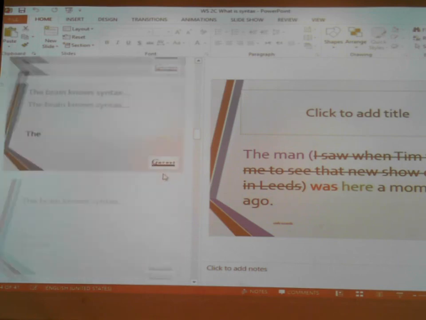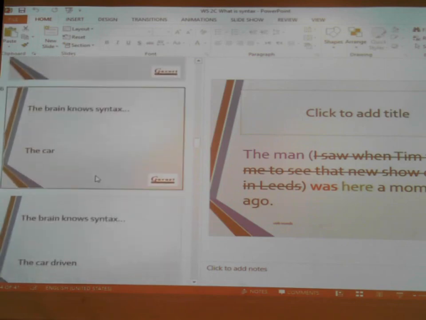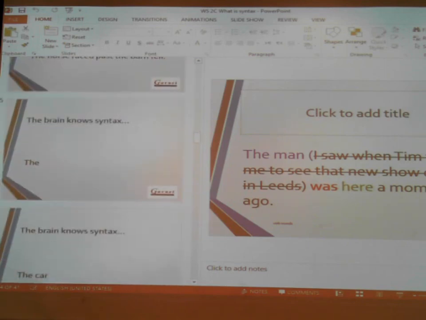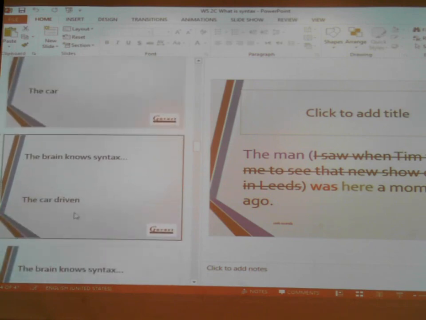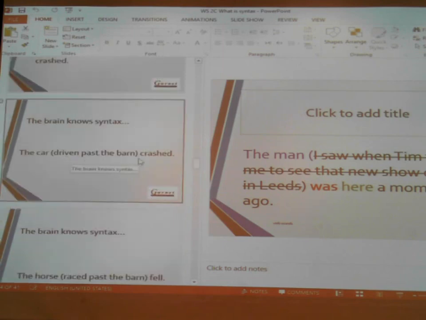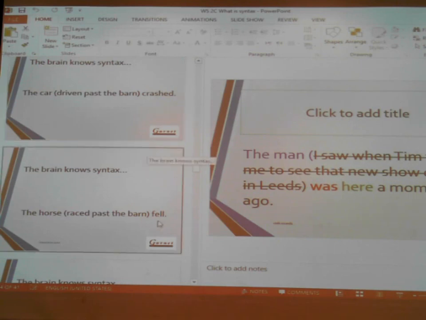That's the predicate of the sentence. So actually I don't need all of that. I need the horse fell and that's it. The same applies to the car driven past the barn crashed. Driven past the barn, I don't need it. I need the main verb, crashed, as I need the main verb here in the horse fell.